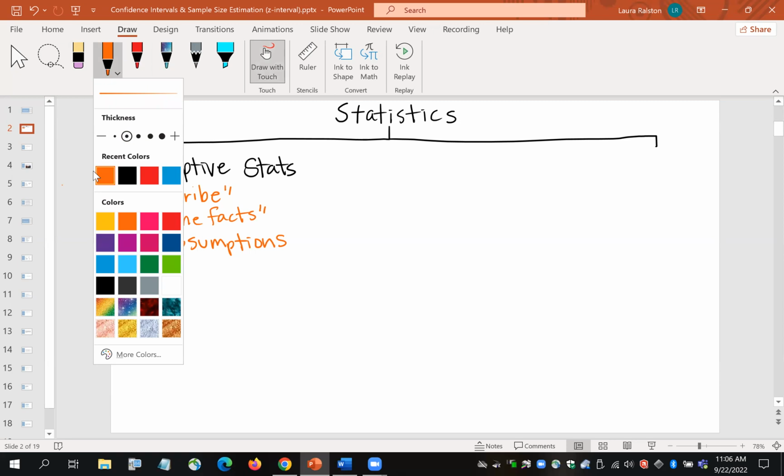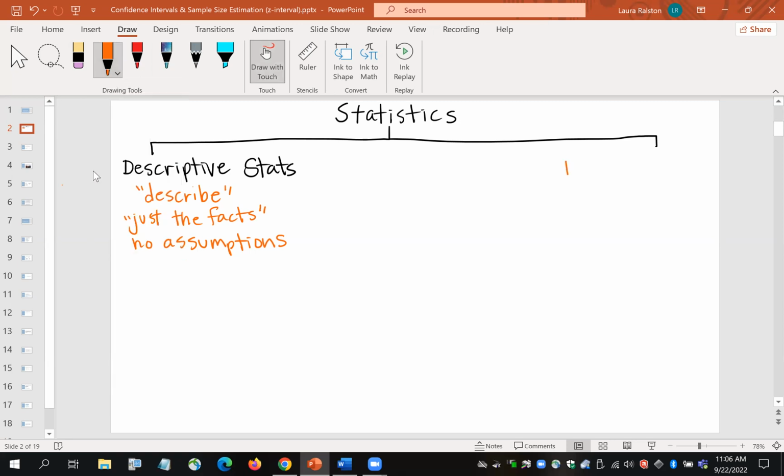The other branch of statistics, which we're going to be getting into more so today than we have in some of the other lessons, is inferential statistics.